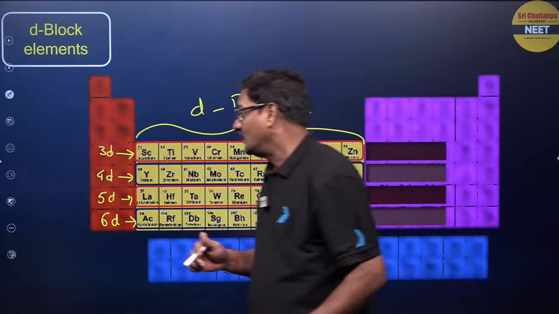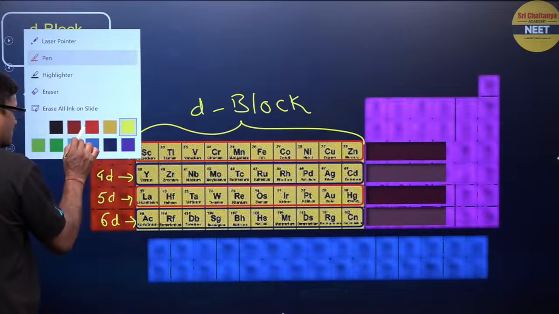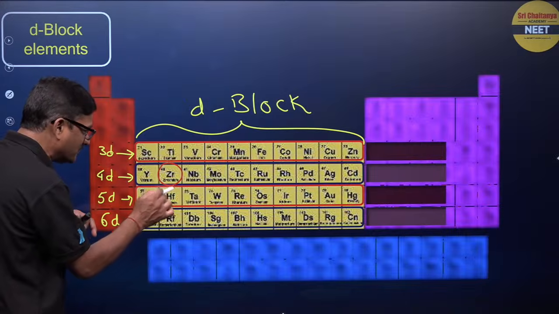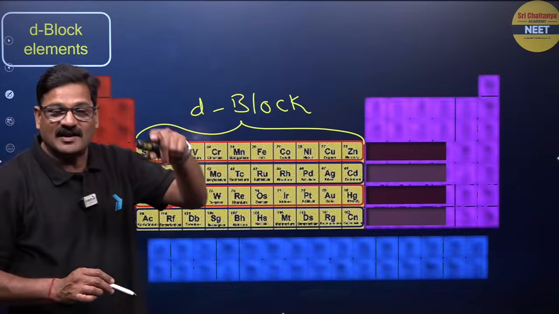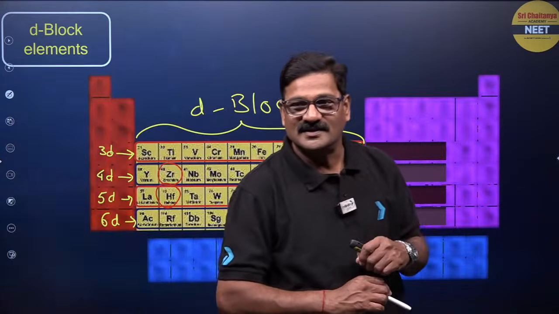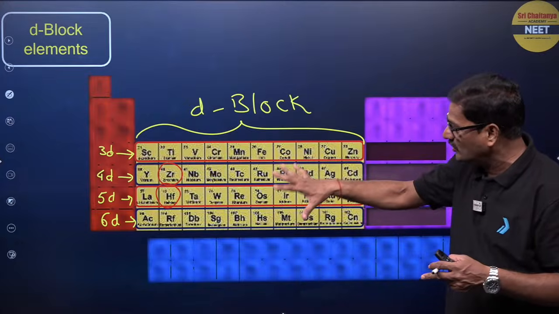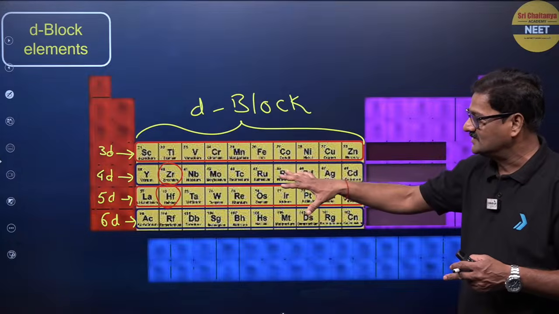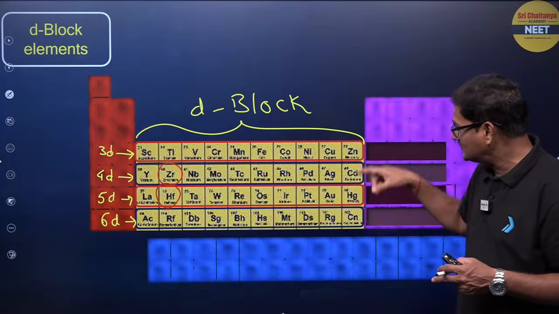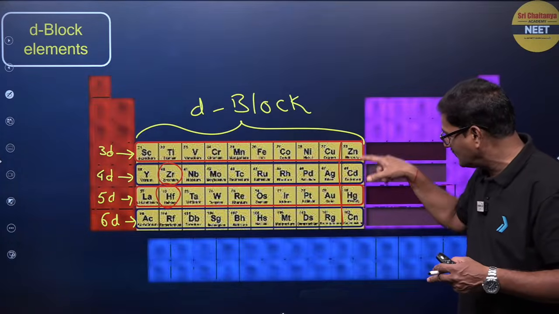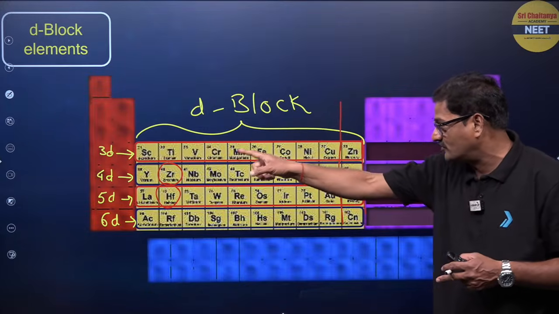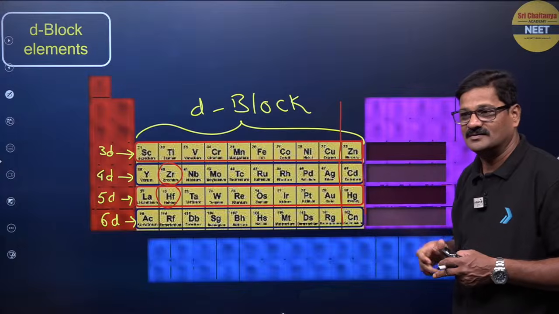You have to spot this: zirconium and hafnium have similar properties because of lanthanoid contraction. Zinc, cadmium and mercury are not considered transition elements. Transition elements start from there and end here.